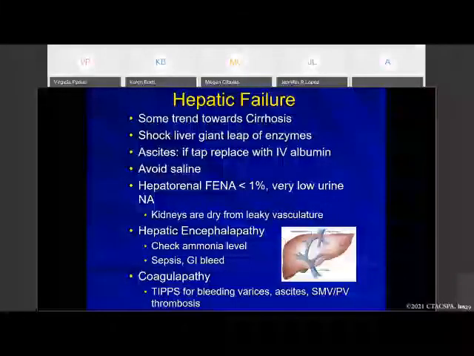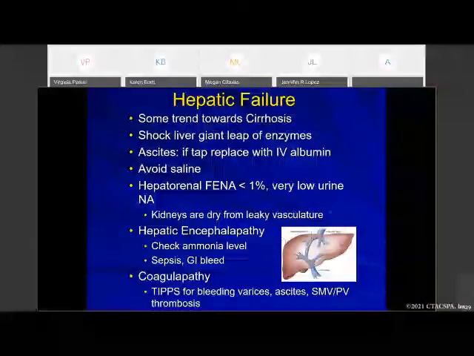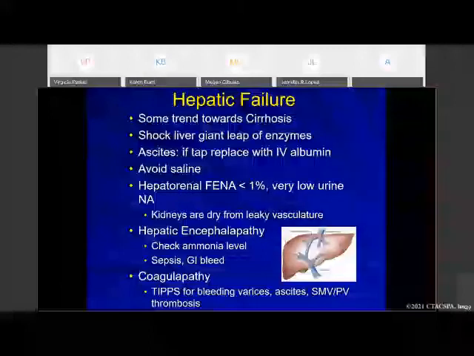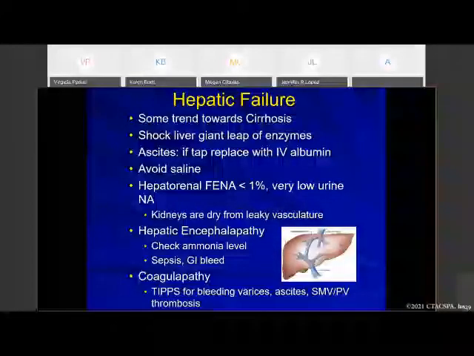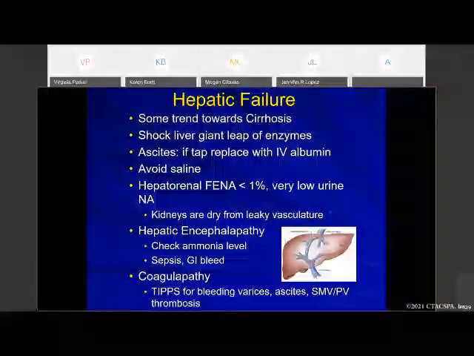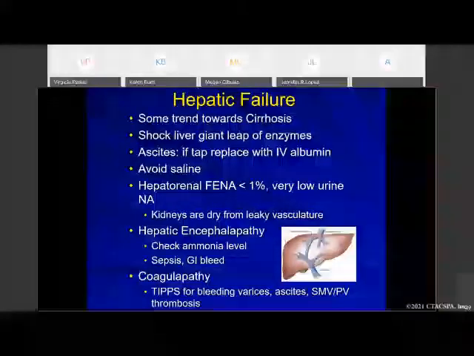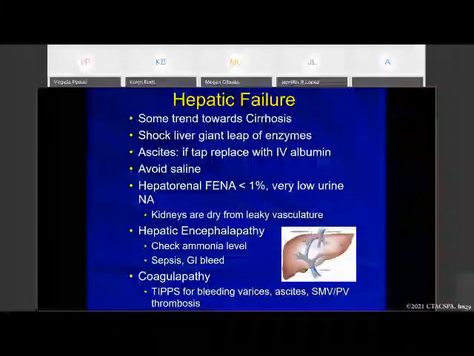If a patient gets encephalopathic, you can check their ammonia level. Might correlate, might not. If someone all of a sudden gets encephalopathic, it's usually because of some cause, and that could be primarily sepsis or a GI bleed. Of course, liver patients could be coagulopathic, and you can see a TIPS there. Usually the TIPS diameter is about 1 centimeter.